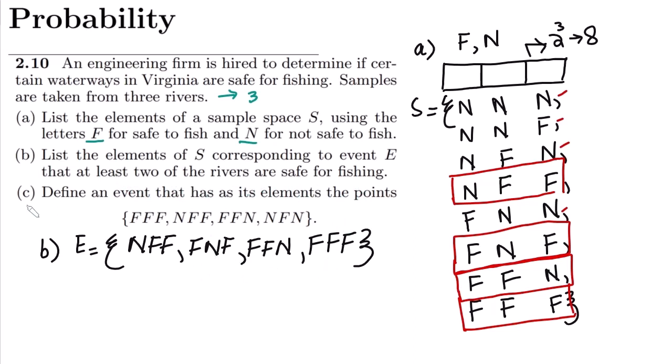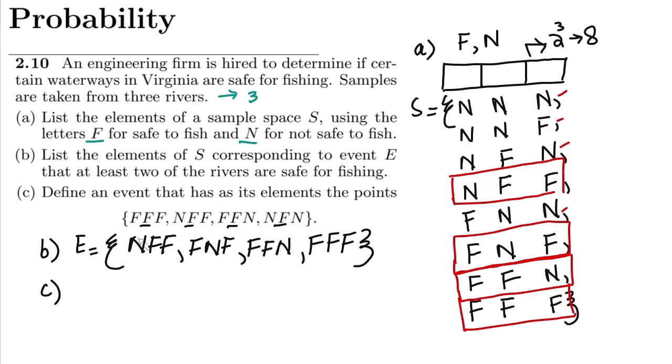Okay, and the last one here is to define an event that has as its elements the points which are given here. So we have to write the statement for this. Let me see what is common here. By looking at it, we can see that all the items have F in the middle. Okay, this is common among all of them. So among all of them I have this F, which is in the middle river.